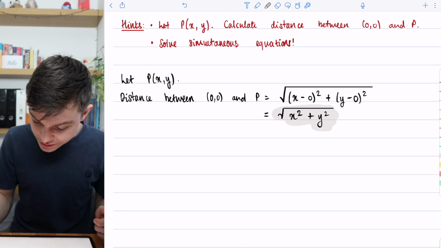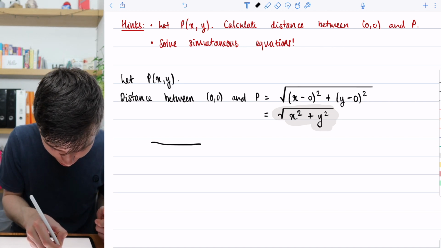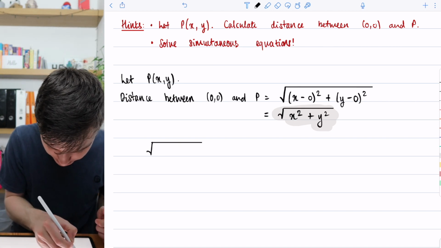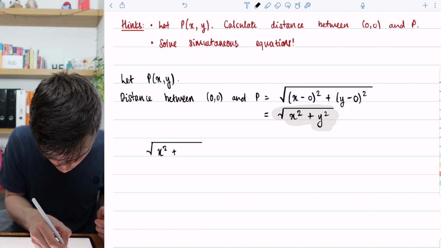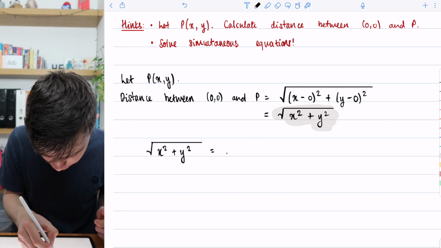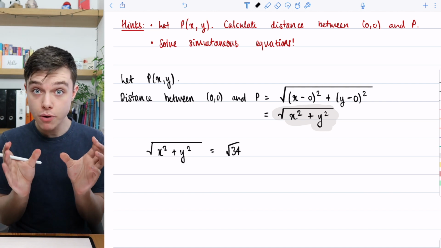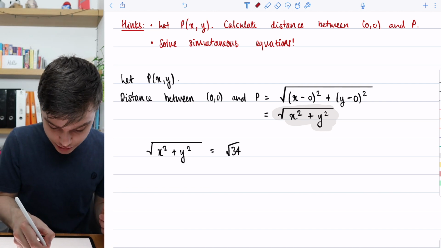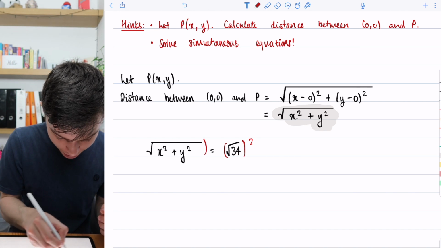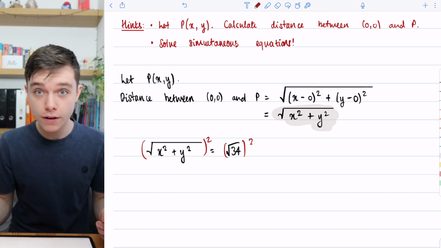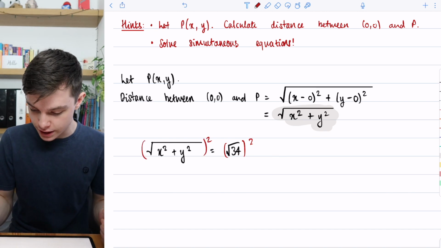So I can then say the square root of x squared plus y squared is equal to the square root of 34. We've got a square root on both sides, so what I can do is I can square both sides to get rid of the square root on both sides of the equals.